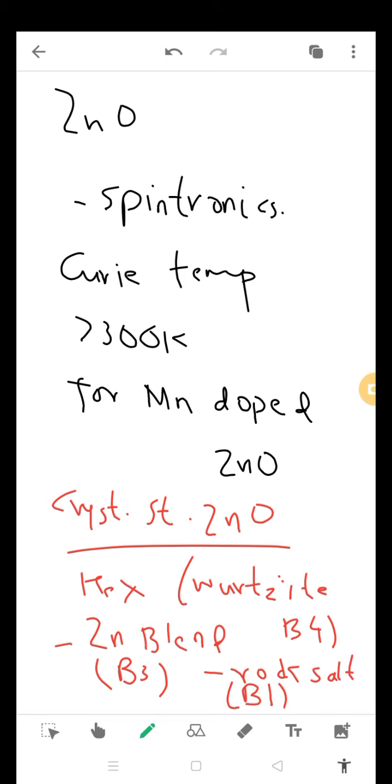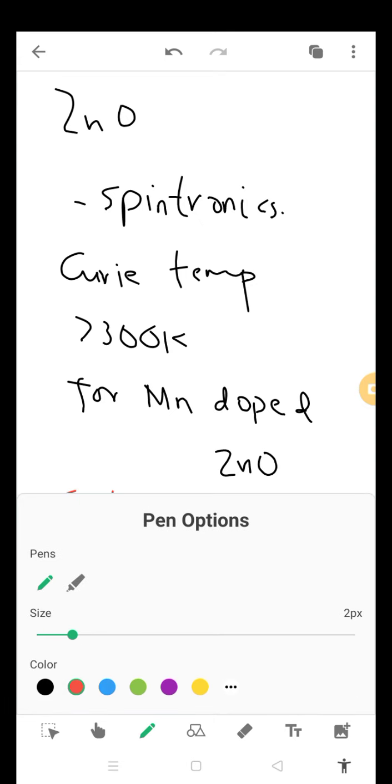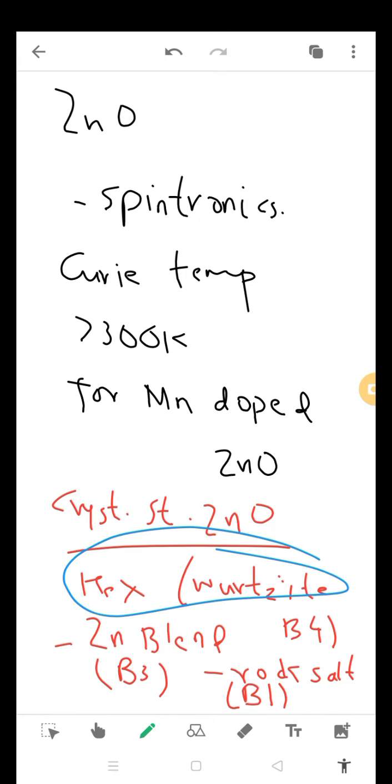So that is B3, B4 and B1, out of which this wurtzite structure is thermodynamically the most stable one out of these three.